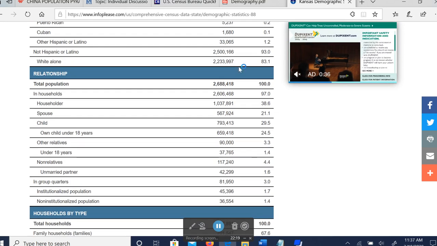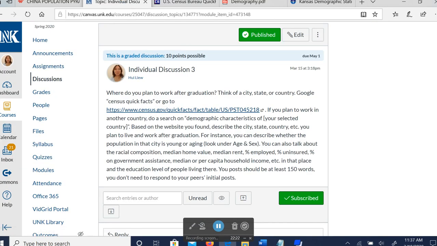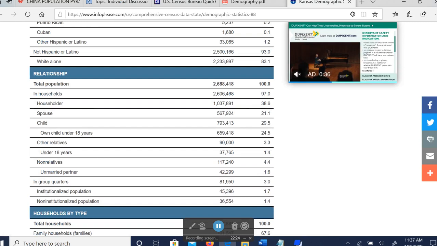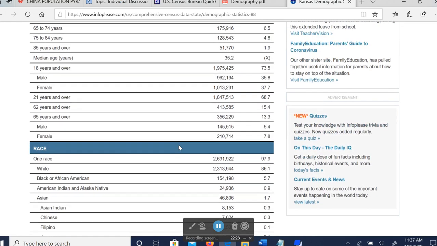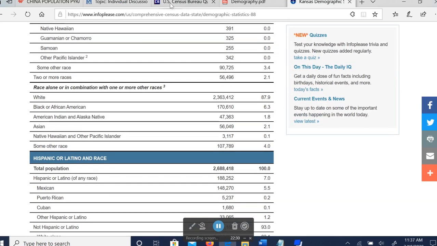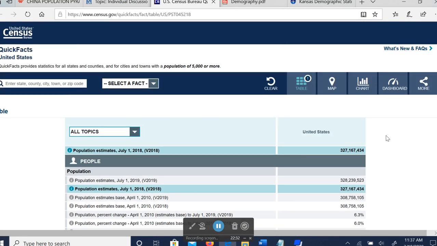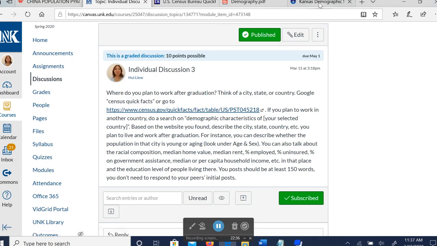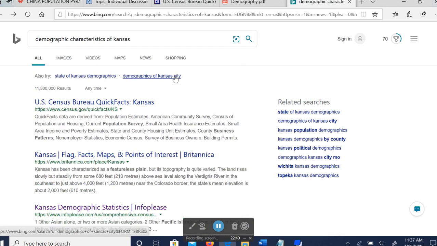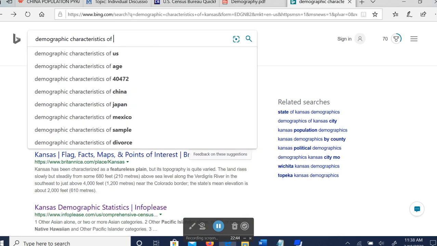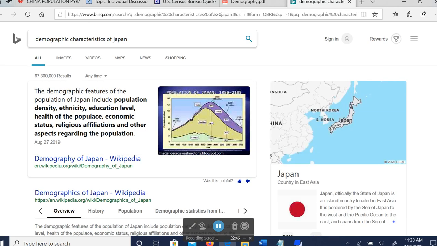So this is what I want you to get at for this assignment. Are we clear? And if you plan to work in another country, you can just Google population characteristics of, let's say, Japan, and see what you found.